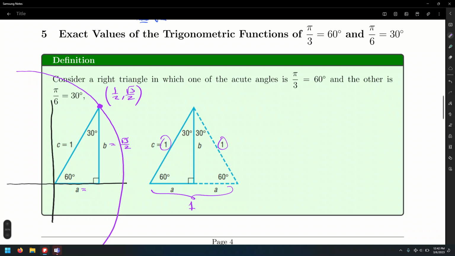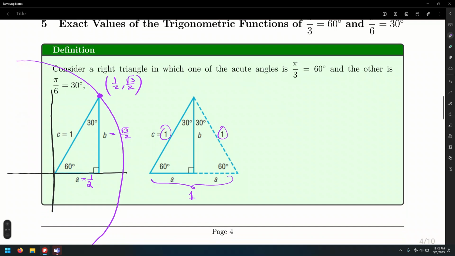So we're given a triangle that apparently looks randomly made. No, it's not really randomly made. Well, we have 60 degrees, 30 degrees, but we are bounding, so to speak, the triangle to have its hypotenuse measure only one unit.